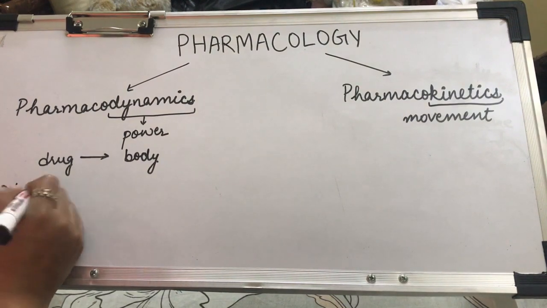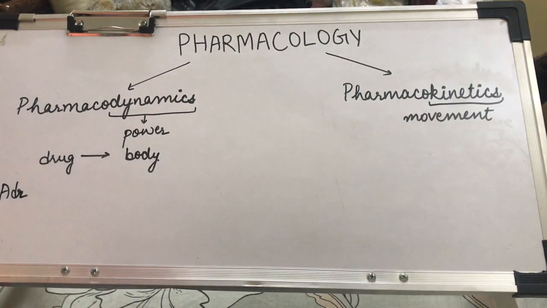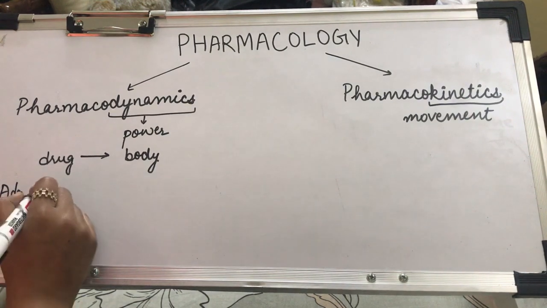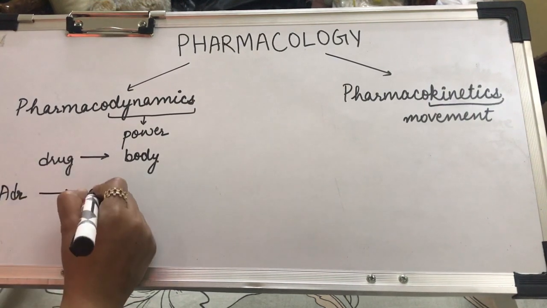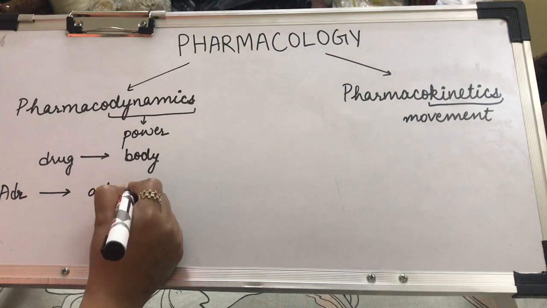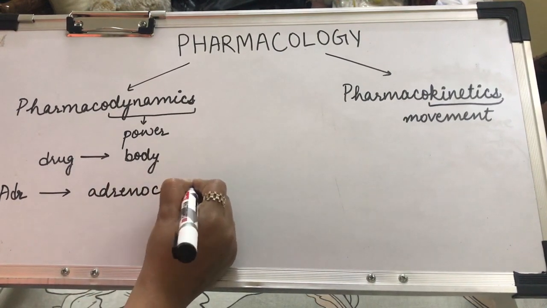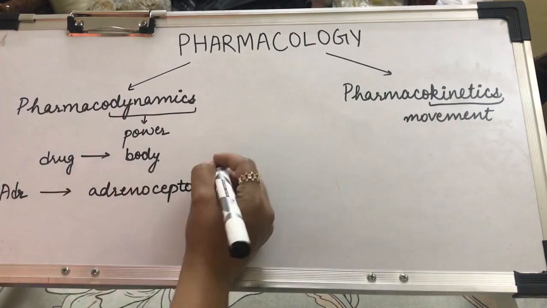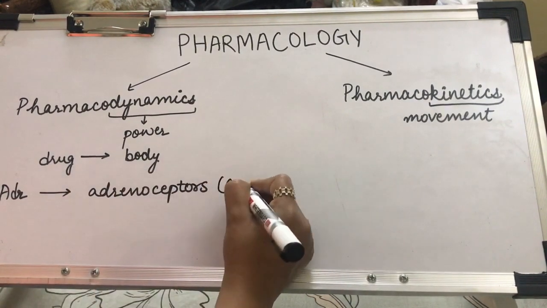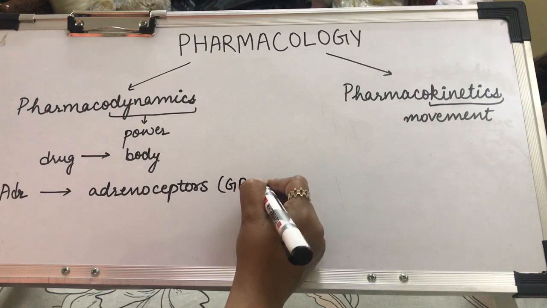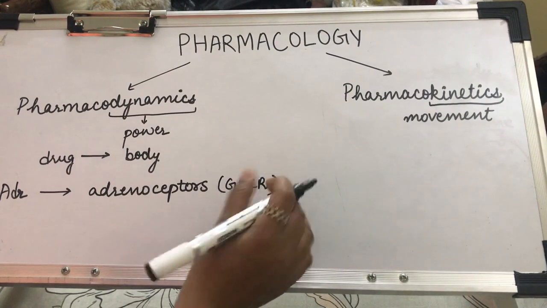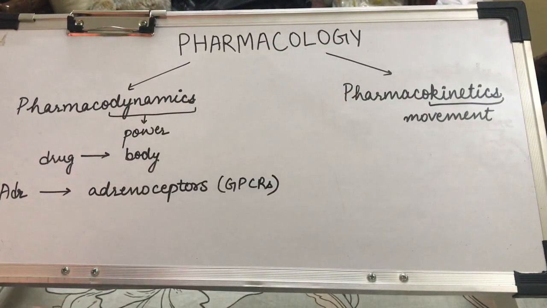For example, we are administering adrenaline exogenously. It is going to act on the adrenoceptors, which are G protein coupled receptors, which we'll be discussing in detail.